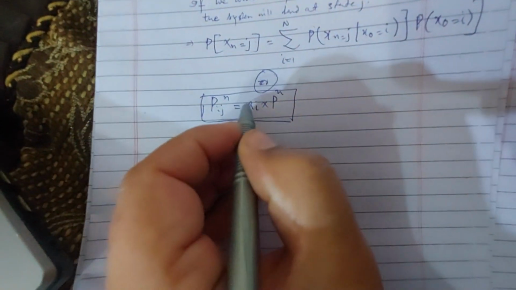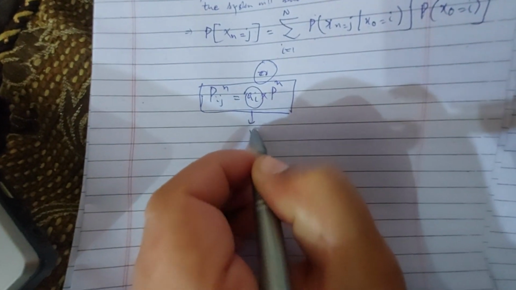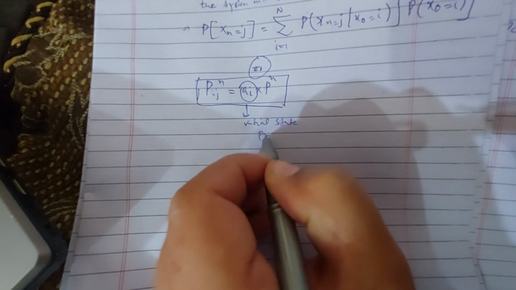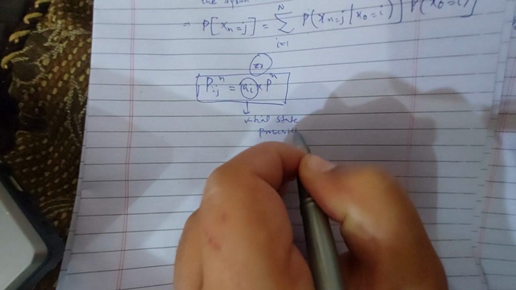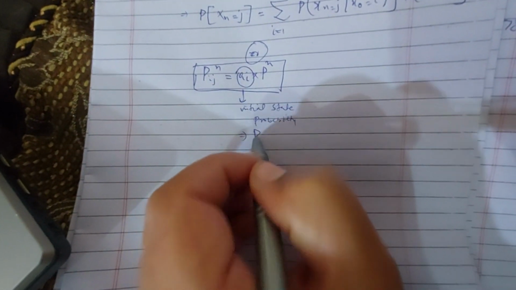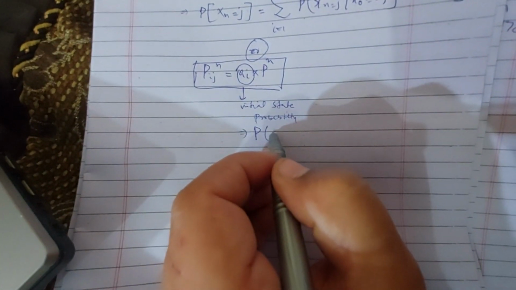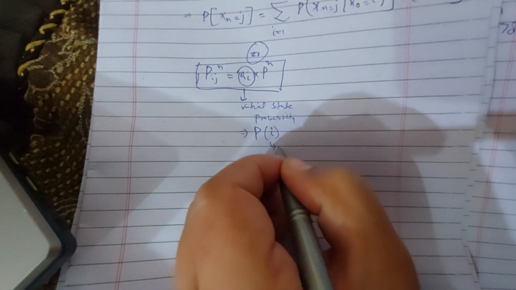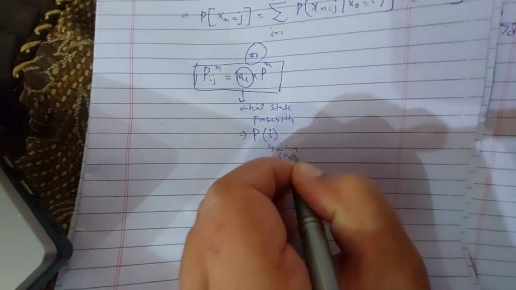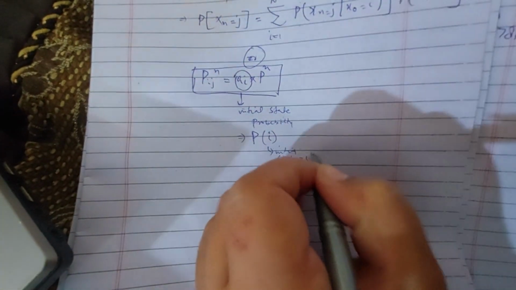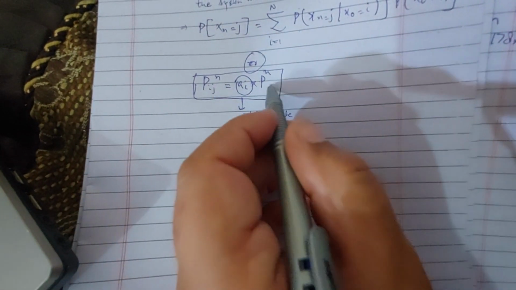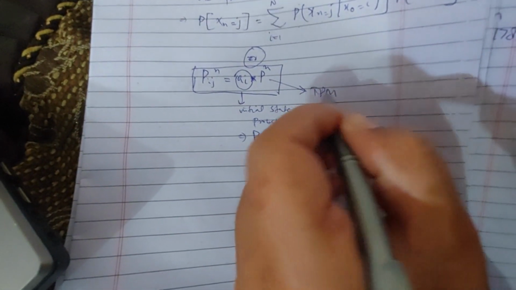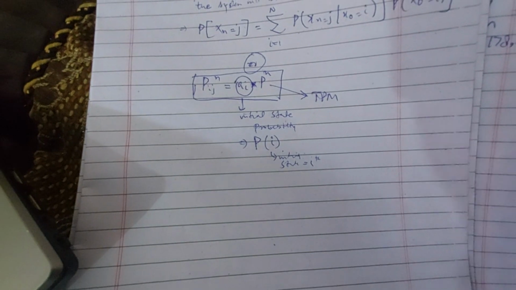In this theorem, this ai is the initial state probability. Okay, this is the probability that the initial state is at the ith state. And this is the nth power of the TPM, the transition probability matrix.